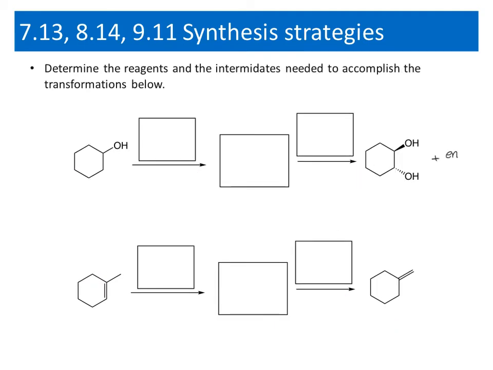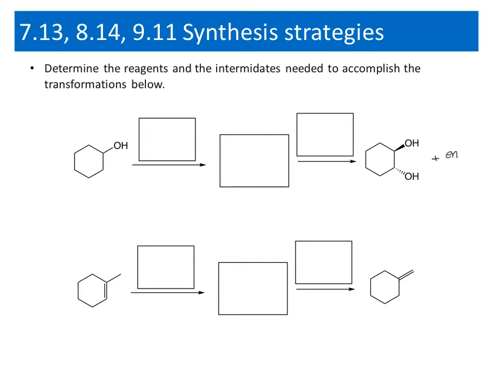Now let's look at another type of synthesis questions that you may see. So in these types, not only do you need to find the appropriate reagents to complete each transformation, but also you need to find the structure of the missing molecule in the middle. So basically this molecule will act as a substrate in the second step of this synthesis and as a product in the first step.